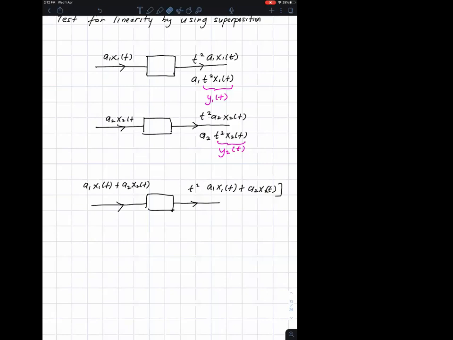The individual input produces an individual output. So now I sum the individual inputs, and it's going to produce a sum of individual outputs.